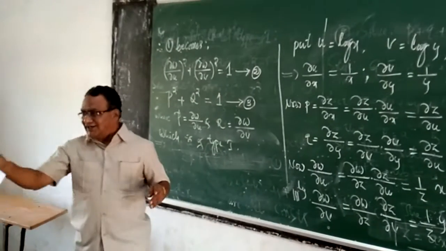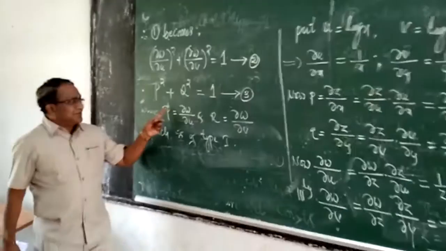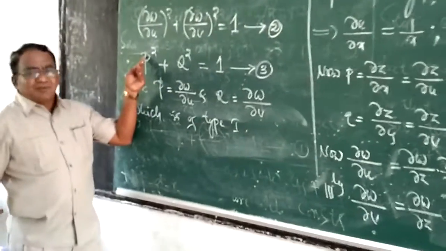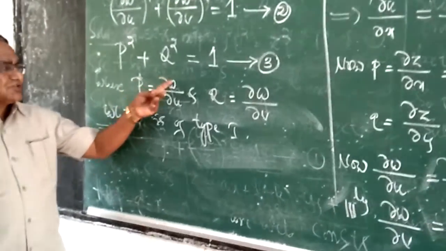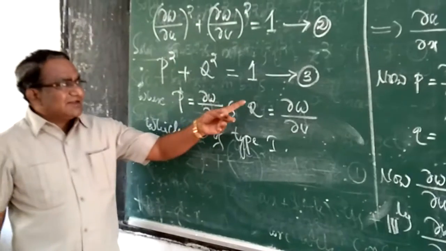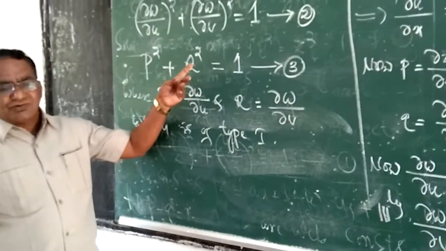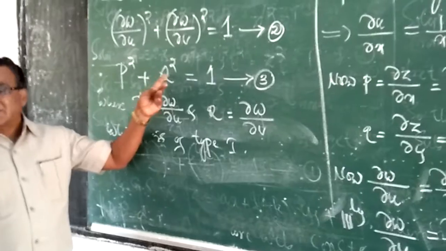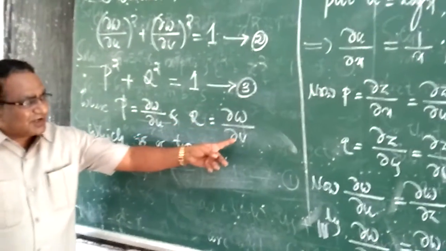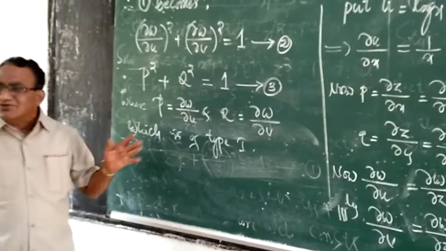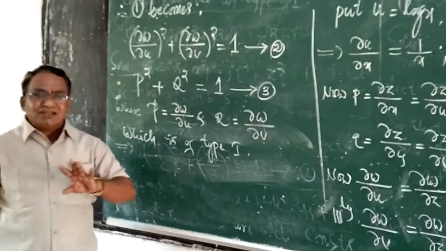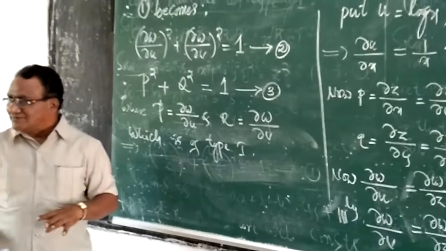Instead of small p we make use of capital P, which denotes dou w by dou u, and instead of small q, capital Q, which stands for dou w by dou v. So what would be your solution now? Come on, tell me.